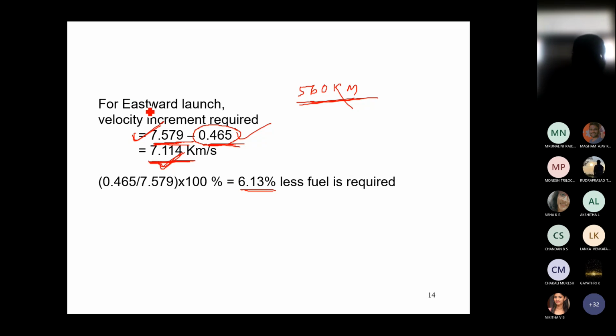So this is nothing but 7.579 plus 0.465. You have to calculate the relative velocity, because the Earth is moving towards east and the satellite is moving towards west. They are just opposite. So what is the velocity? 7.579 plus 0.465. Whatever result you get is the velocity at which we should launch the satellite towards the west direction.